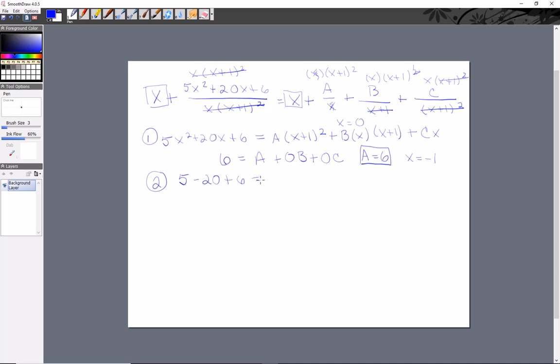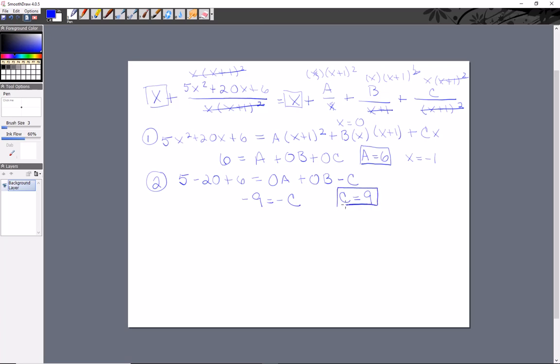That'll equal, if we put a -1 in here, 0A, and if we put a -1 here, 0B, and then a -1 in here will just be minus C. Add those together, that's -15 plus 6, so -9 equals -C, or C equals 9.